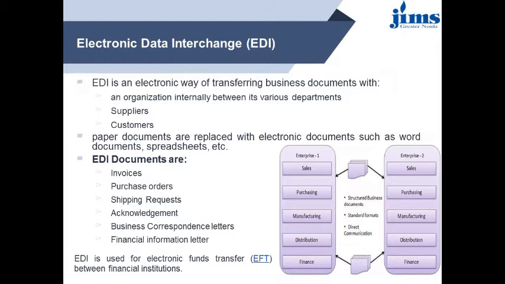EDI is an electronic way of transferring business documents within an organization internally between its various departments. Any organization has more than 3, 4, 5 departments like HR department, manufacturing department, packaging department, transportation department, etc. Every department has some standard way of working.